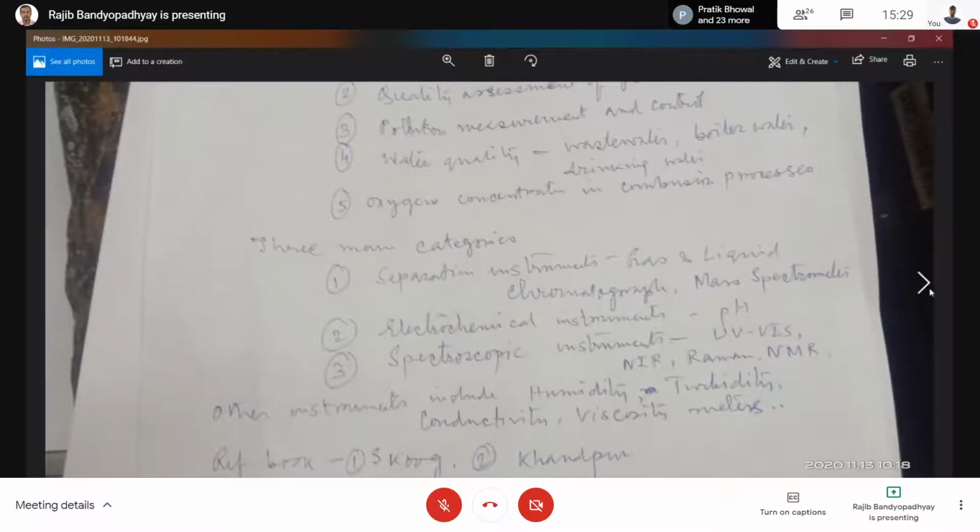It's used only in laboratories, and very few laboratories can afford to have an NMR. But this is very useful. It was discovered only in the 1940s, but after that it has become very popular among chemists, particularly in analytical instrumentation.